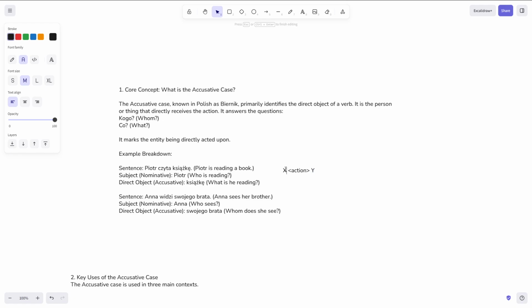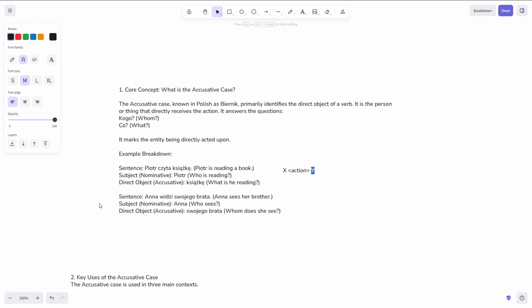Okay? Simple X action Y, and Y is in accusative in this case. Okay? So subject is in nominative and it's Piotr, and accusative is also called a direct object. It is a general term for, well, almost all, I'm pretty sure all languages. And that is the accusative in Polish, okay?